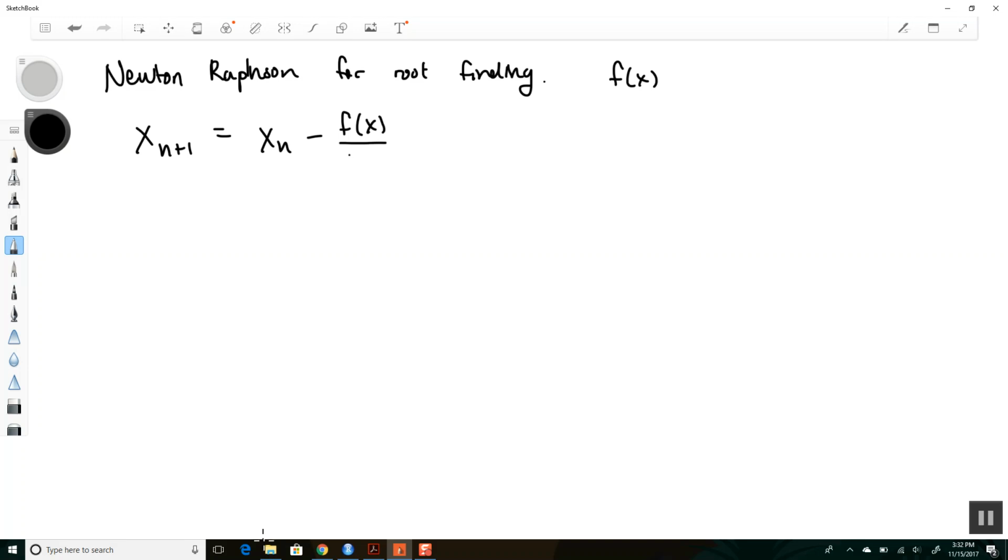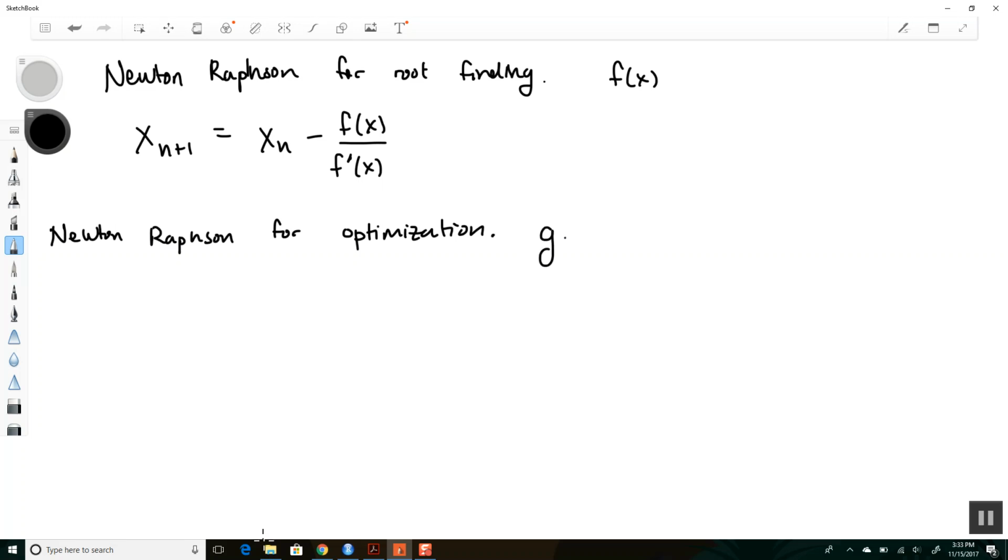F of x, the rise divided by the slope, right? Okay, so Newton-Raphson for optimization.